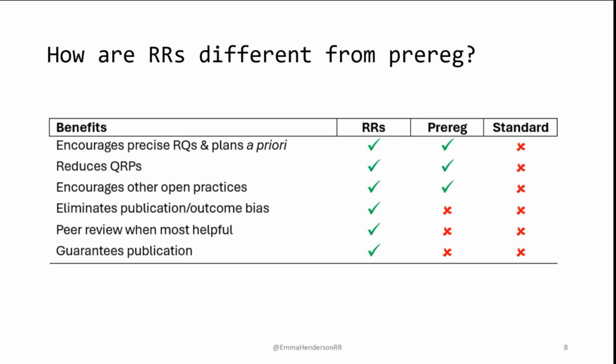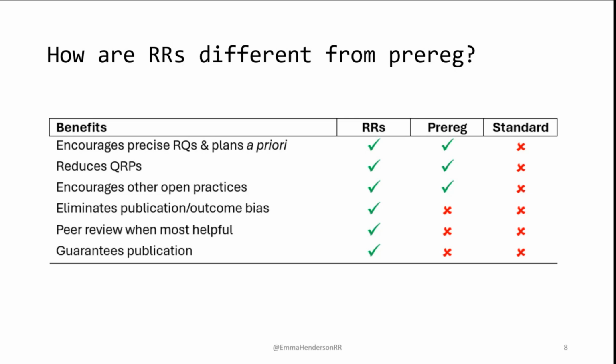So with pre-registration, you have the time-stamped plan of your study that you create before you've collected the data. But what you don't have is the stage 1 peer review before the study is conducted. And you don't have the in principle acceptance.